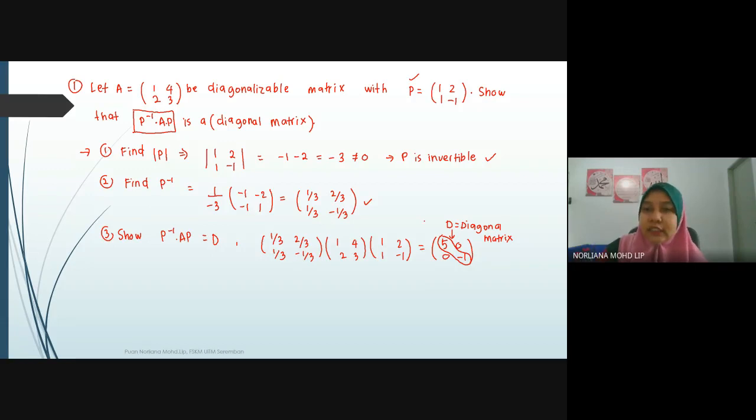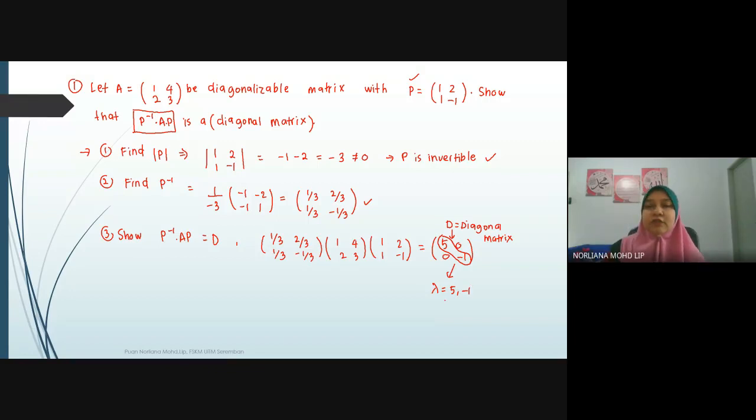Actually this one is a diagonal matrix, so we can find the eigenvalues. The eigenvalues are equal to 5 and negative 1.